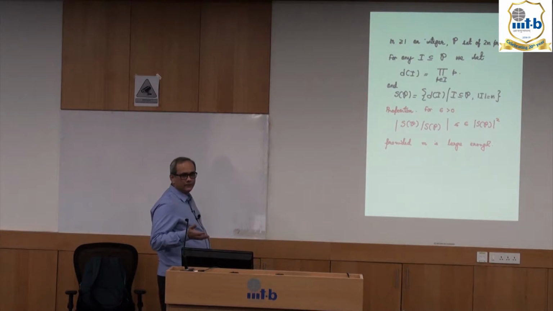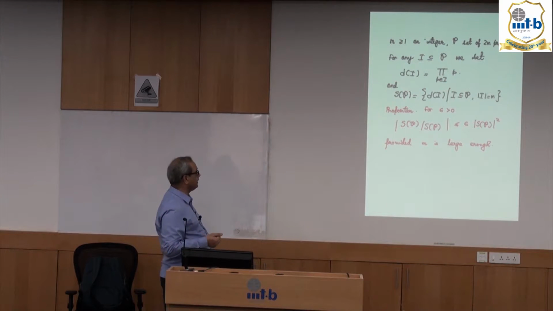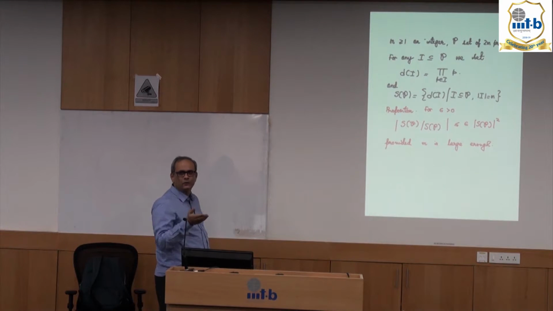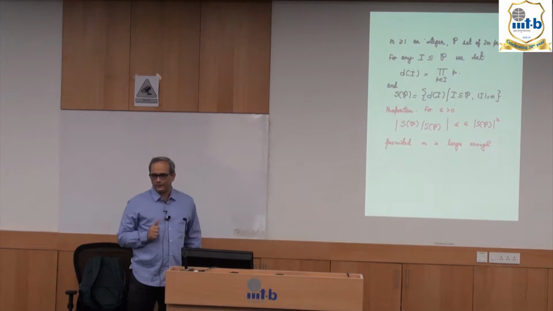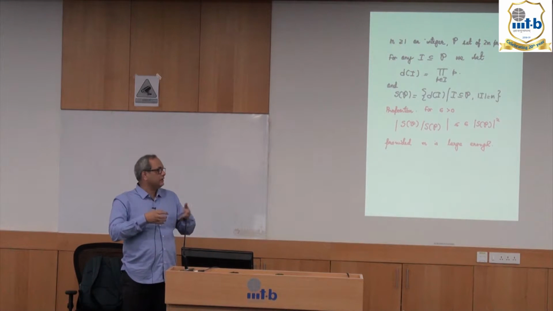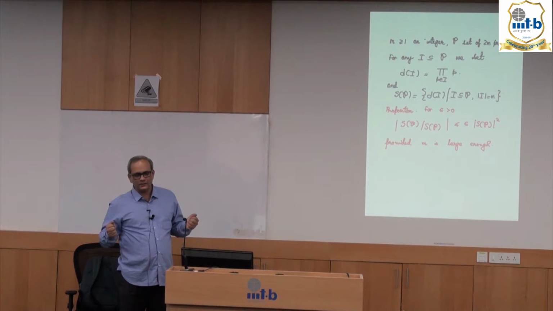For any subset I of this set of primes, let d_I be the notation for the integer produced by multiplying all the primes in that subset. So for any subset, you write d_I to mean the product of all primes in that subset.